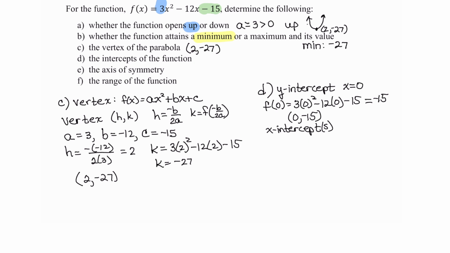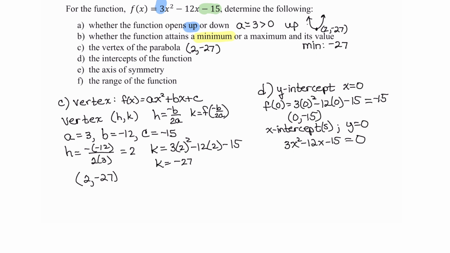So to find the x-intercepts, we put 0 in for y. So that gives me 3x squared minus 12x minus 15 is equal to 0. Now that gives me that quadratic equation to solve, and in an earlier tutorial we found that you could solve a quadratic equation by either factoring if the expression is factorable over the integers, or the quadratic formula, or completing the square.